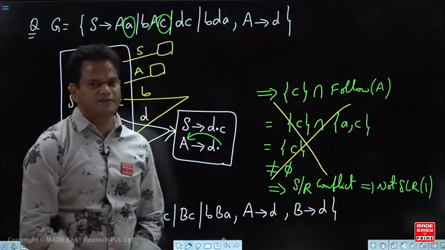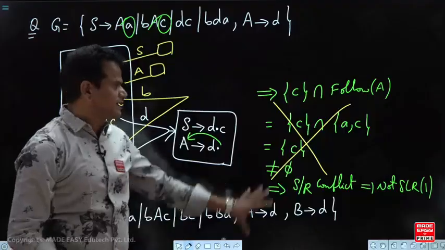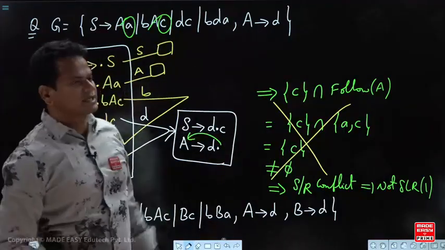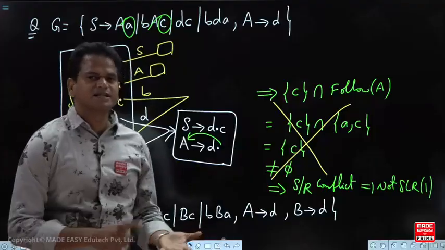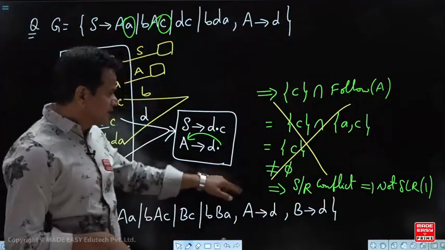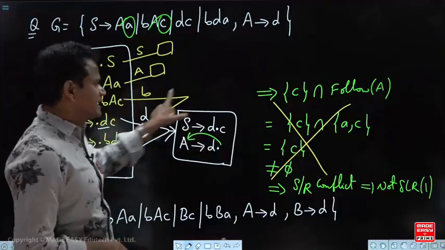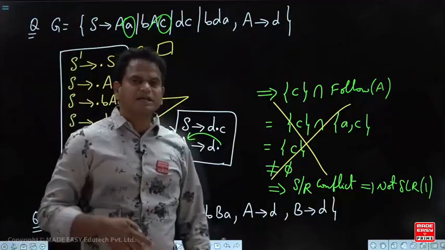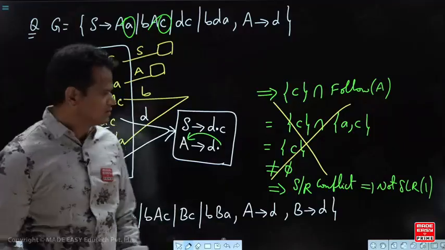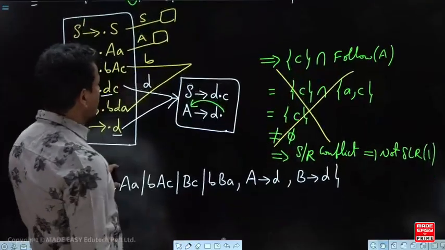Then go check for that. Suppose the question is given, the following grammar is not SLR of 1 because option A, it has shift reduce, option B, reduce, option C, both. Then you have to go for the remaining also. Already we have shift reduce, then check whether there is reduce or not. Okay, got it?